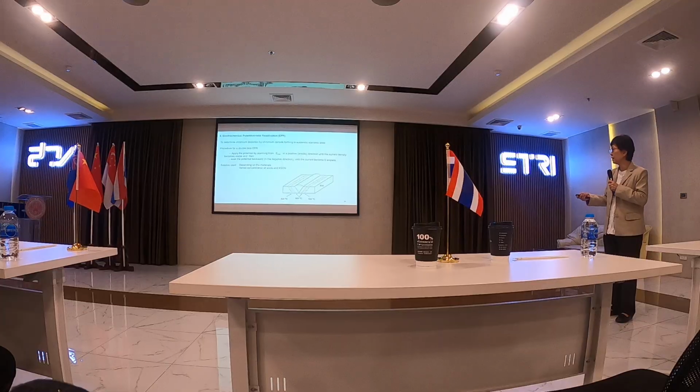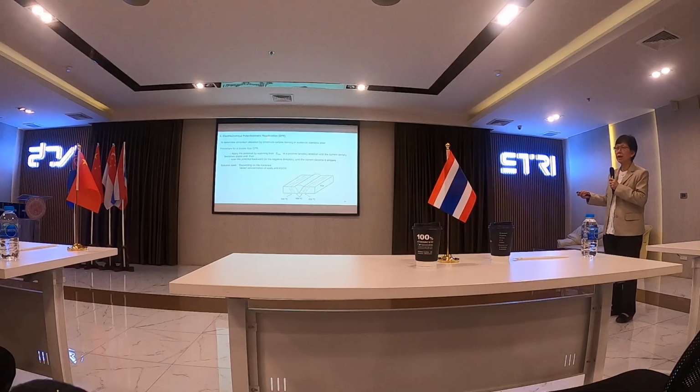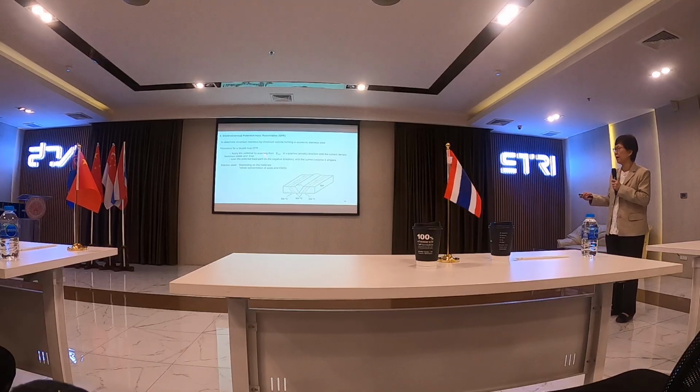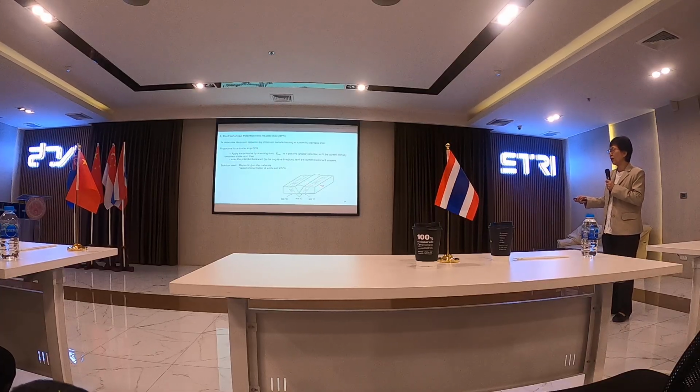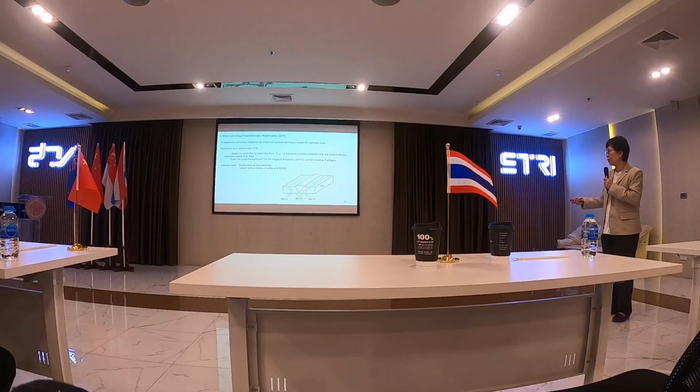The next technique that we do is called electrochemical potentiokinetic reactivation, short for EPR. With this one we try to determine the chromium depleted area. When you weld austenitic stainless steel, supposedly 304, this is melting, almost melting.